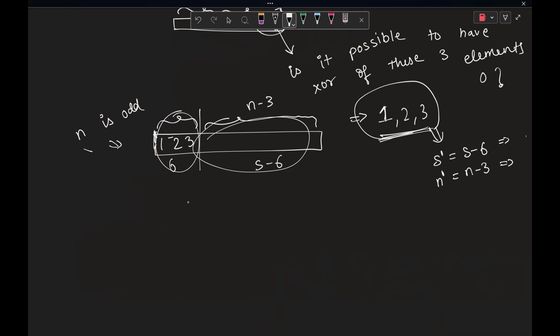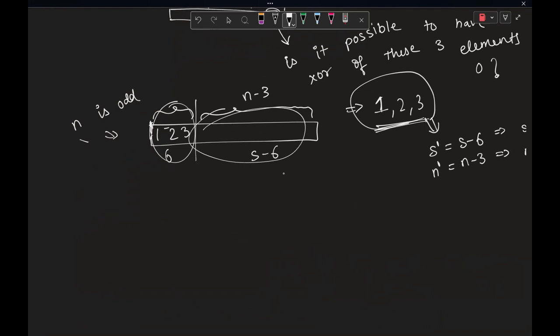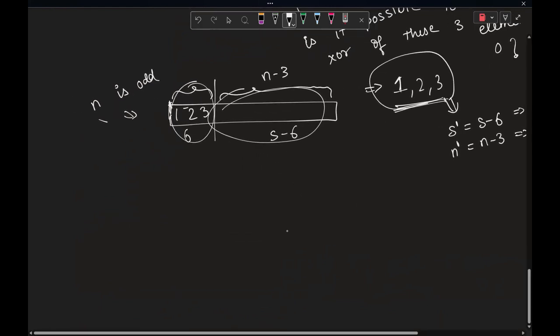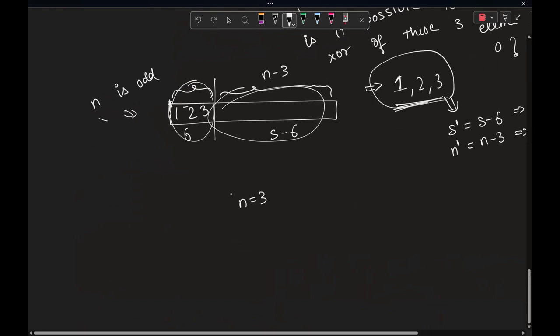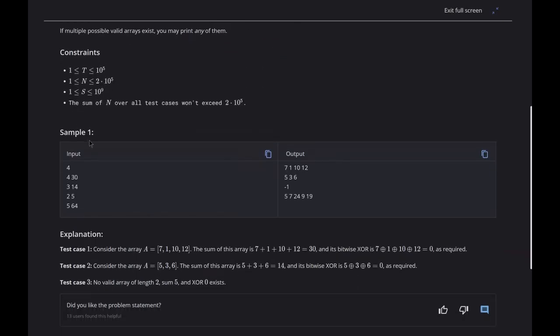And to be honest, at this point, I thought that I had got the solution for the problem. But there was one important part left in the problem. Actually, the toughest part of this problem, I think. What if n is equal to 3? Earlier, I was not able to think of this case on my own until I looked at the test cases.